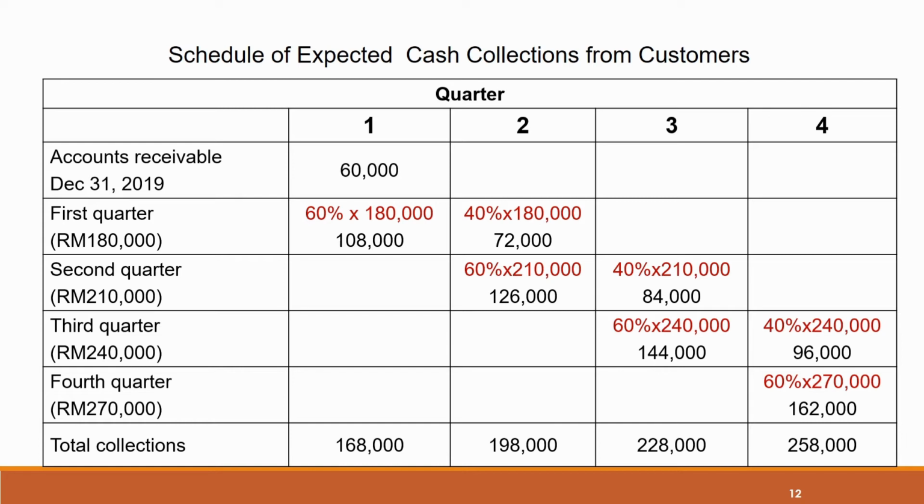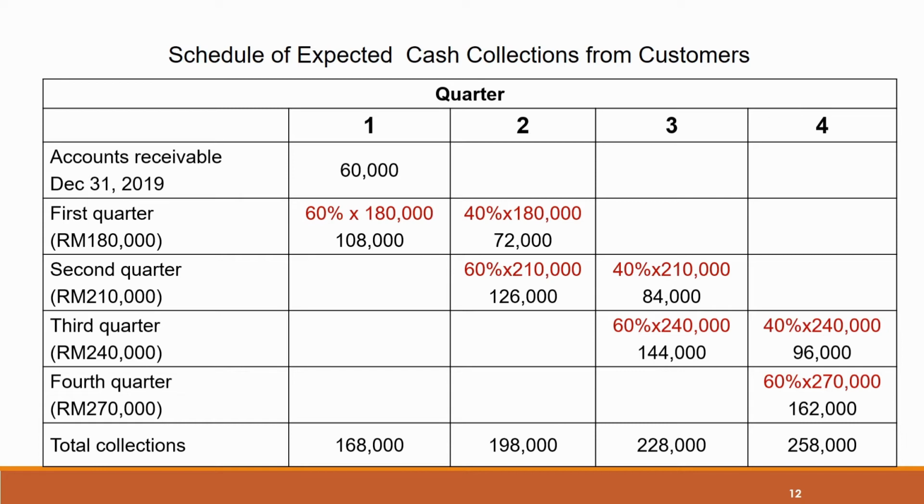So the total collection for quarter 1, you add all these amounts, you get 168,000. For the second quarter, 72,000 plus 126,000, you get 198,000.